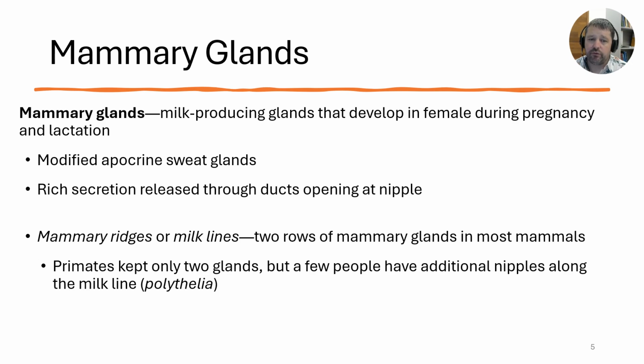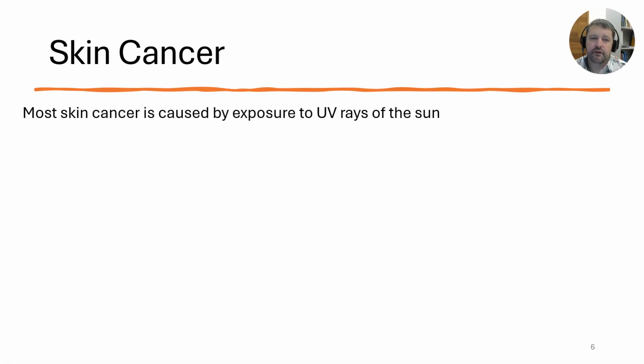And so when you have individuals with multiple nipples, humans with multiple nipples, it happens. It's often thought of as being like a mole or like a raised up mole when individuals have it. It's called polythelia, but that's an additional nipple on kind of a milk line. Okay. All right.